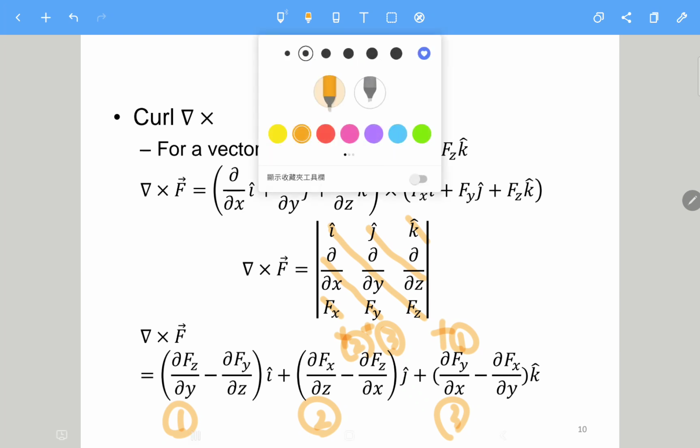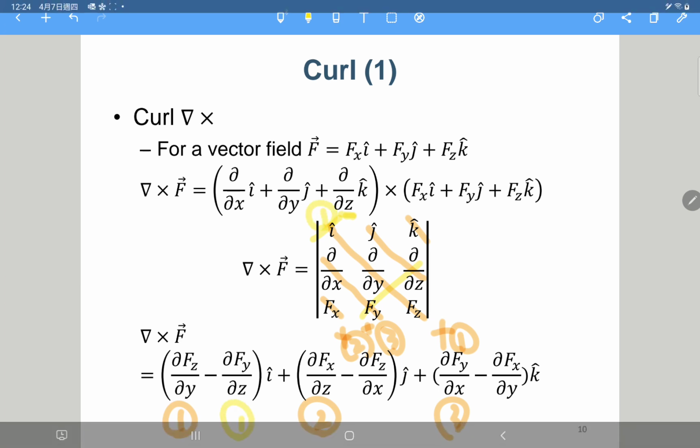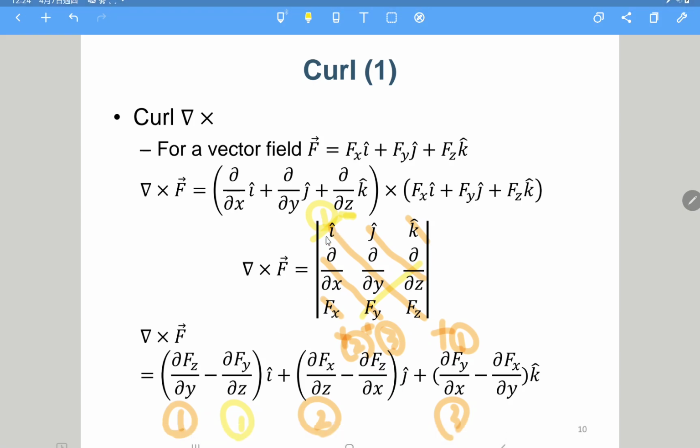And also you can find another 3 terms. This one, i partial z fy, with a negative sign. So you can see it here: i, and then partial z and then fy, with a negative sign.